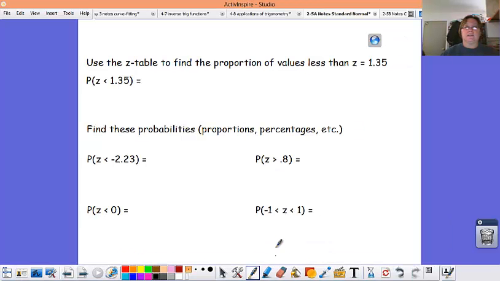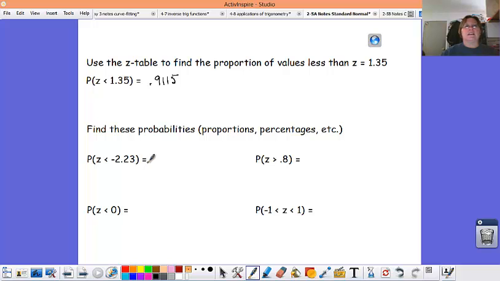So there you have it. We found the probability that we could get a z-score lower than 1.35 about 91% of the time. Now, I said probability, I said proportion, I could also say percentage. All of those things mean the same thing, and we have some practice here working with that z-table.